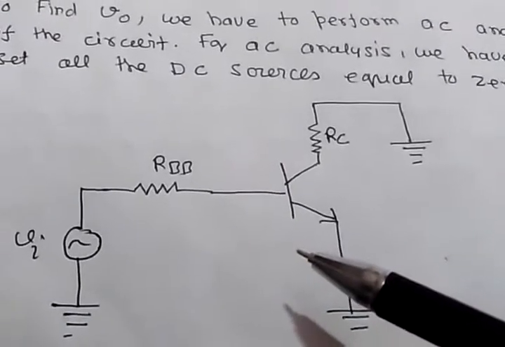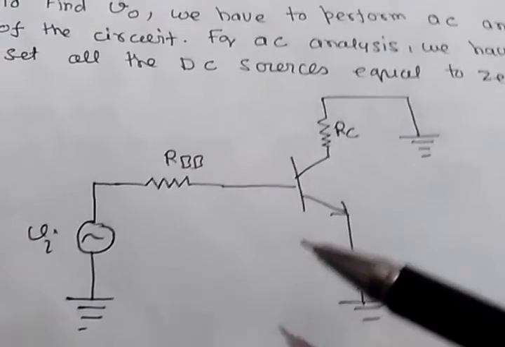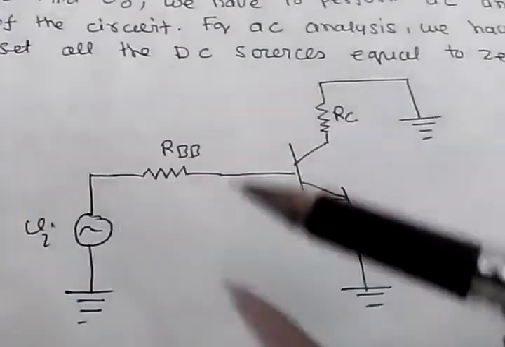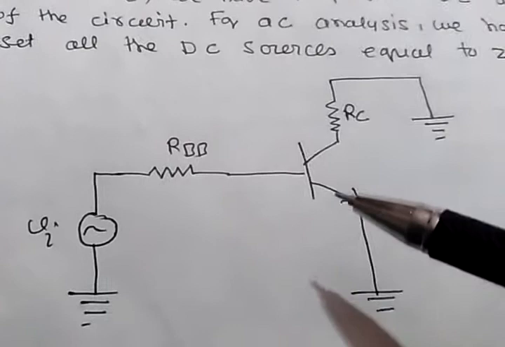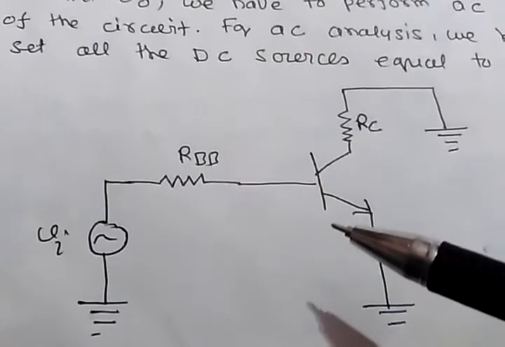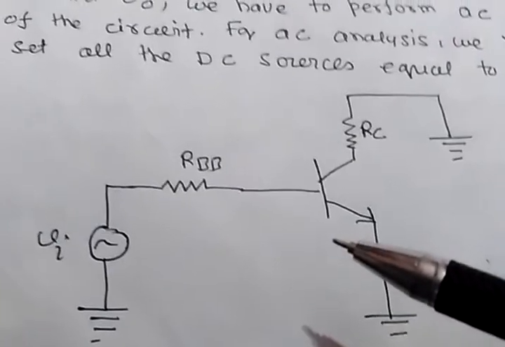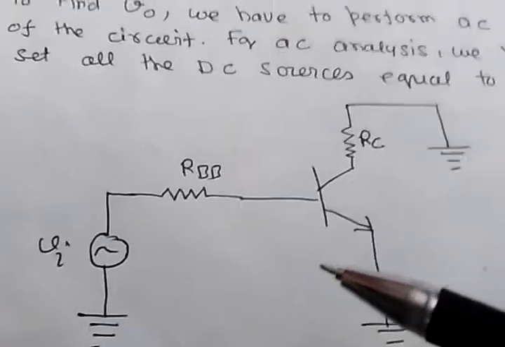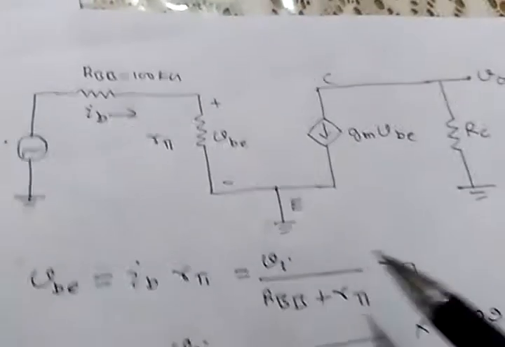To find the output voltage due to signal, we will replace this transistor using the small signal hybrid pi model of BJT, and using this model we can redraw this circuit as shown in this figure.